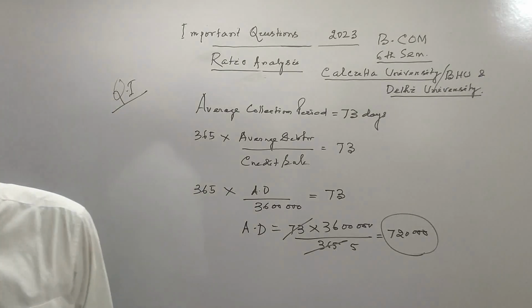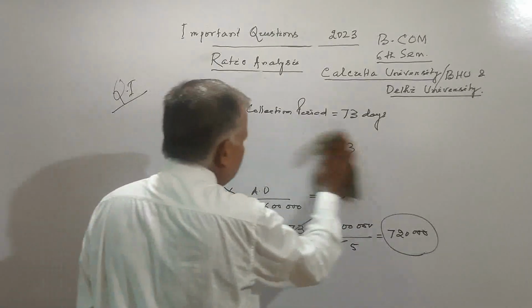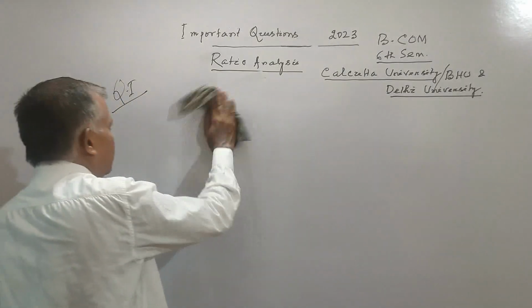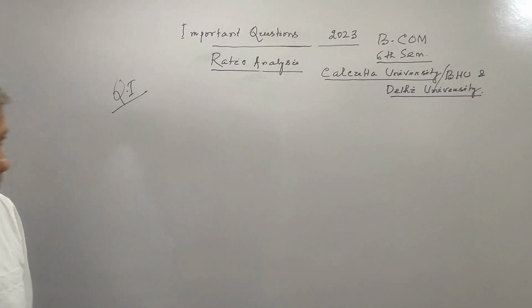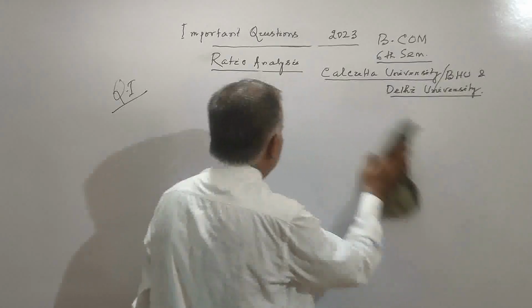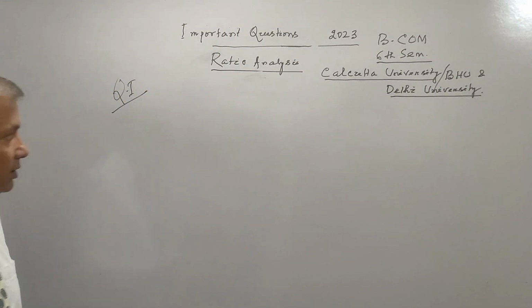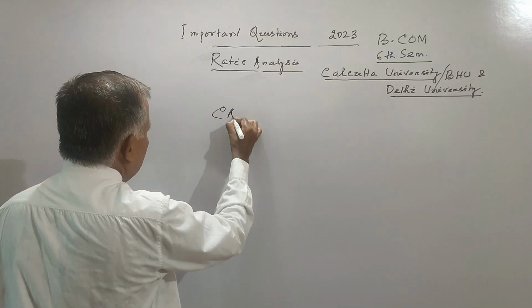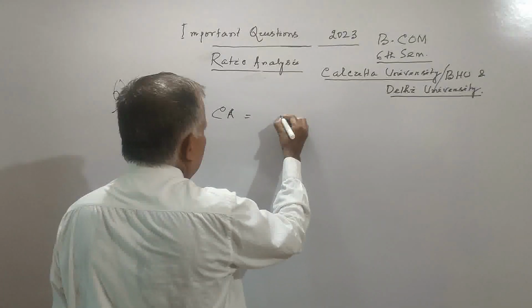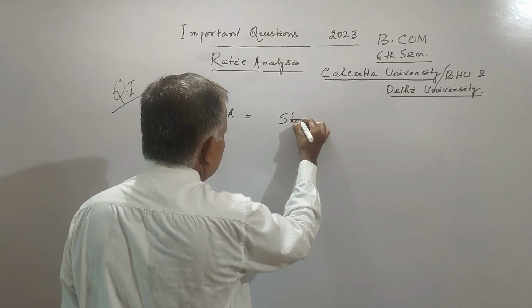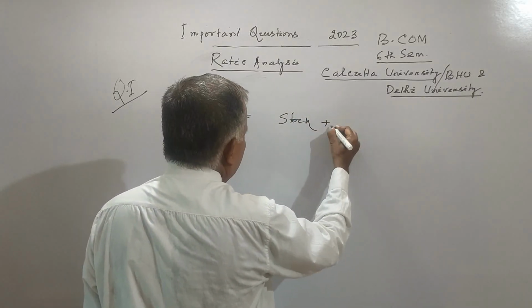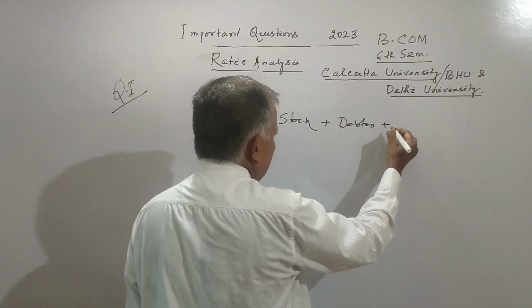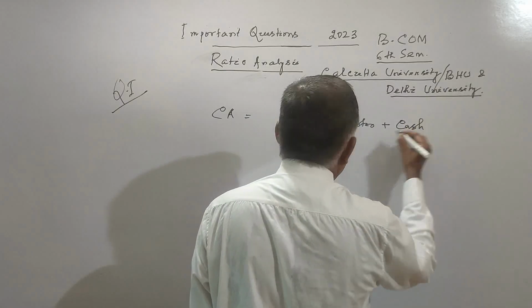Now friends, we will go to cash and bank. Cash and bank is the residual figure of the current assets, the balancing figure. Current asset is stock, that is inventory, plus debtor, other information not given, and cash.